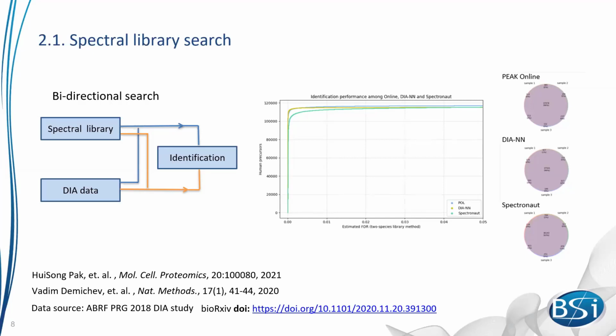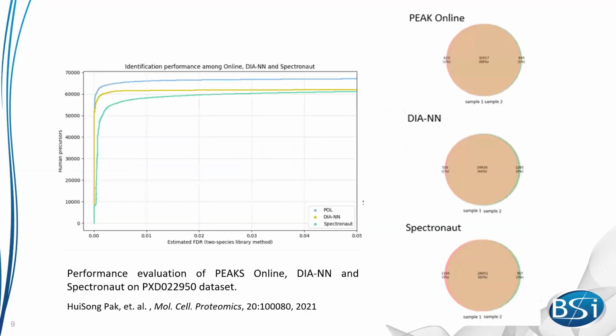And following this one, we tested the library search with a more complicated data set, which was just published this year. It is for immunopeptidomics. With this data set, you can see that PICS, with the deep learning technology and all those integrated solutions, makes some difference.